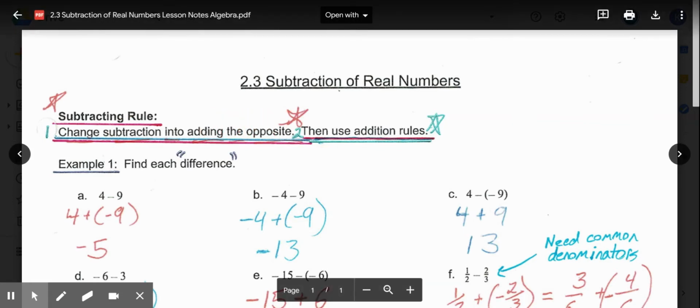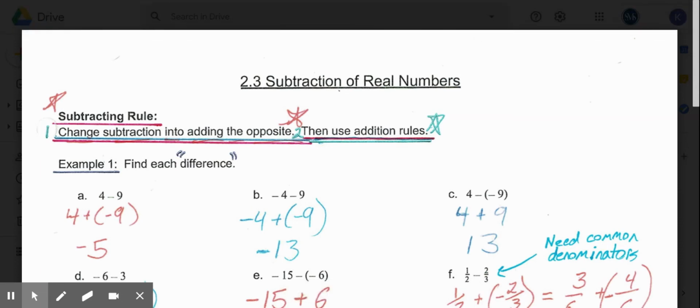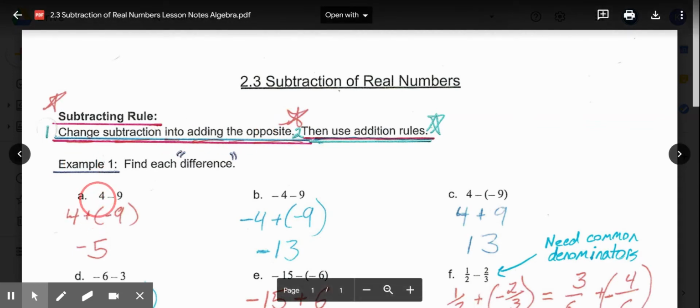So we're changing the subtraction into adding the opposite. So that first part, if we look down here at example 1a, it's 4 minus 9. So the first change we make, we change the subtraction sign into addition. And then it's 4 minus a positive 9 originally.